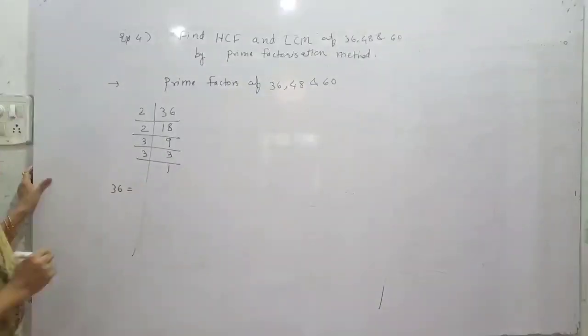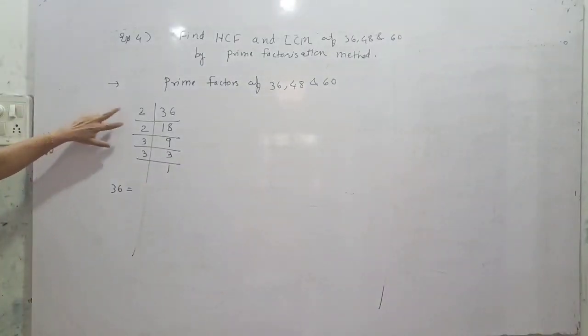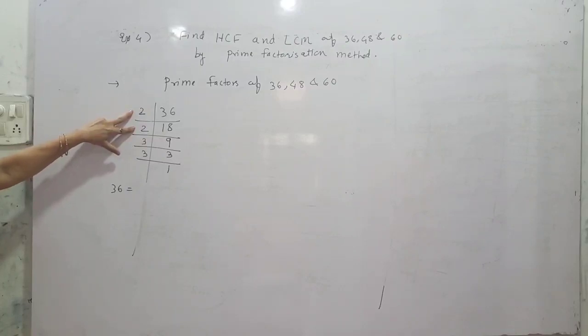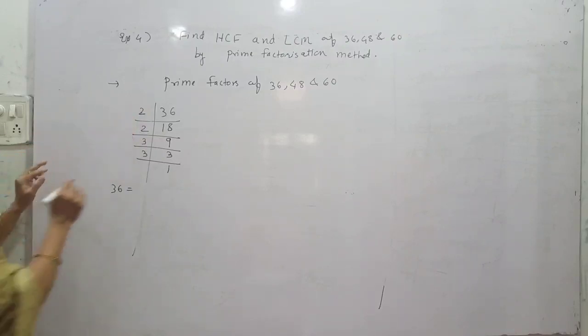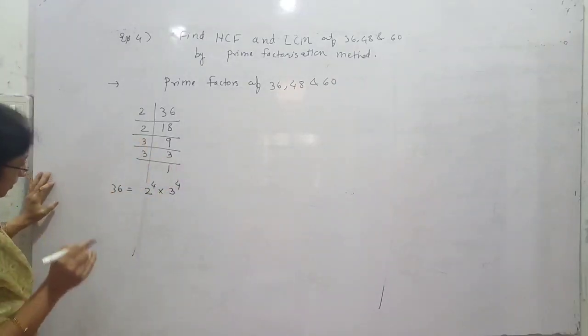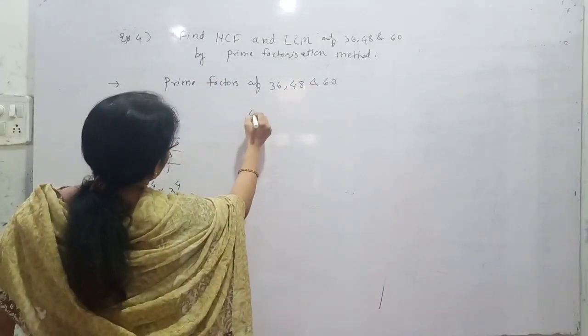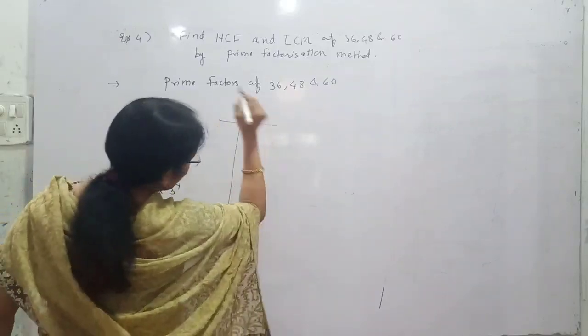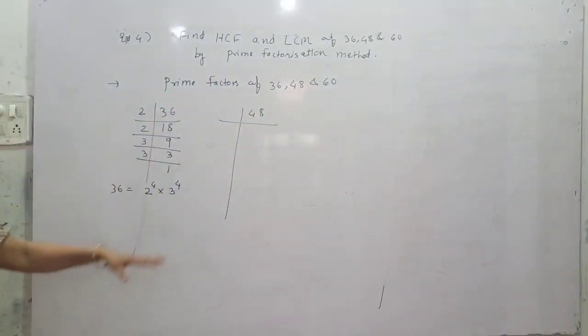In exponent form, how will you write 36? 2 occurs 2 times, means 2 square, 3 occurs 2 times, means 3 square, so 2 square into 3 square.